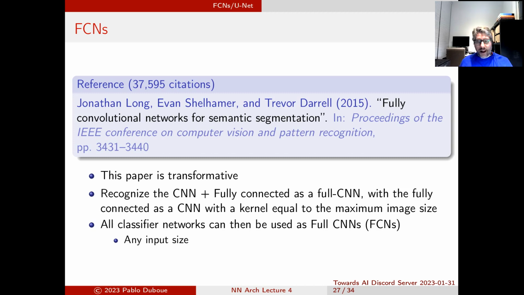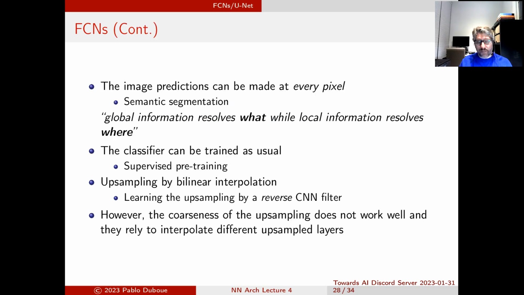It's a kernel as big as the whole image, so to speak, but you can still apply that to a larger image. We just move that whole system around, and that gives us a classifier network that can be used as what they call FCNs, fully convolutional networks, and that can take any input size.